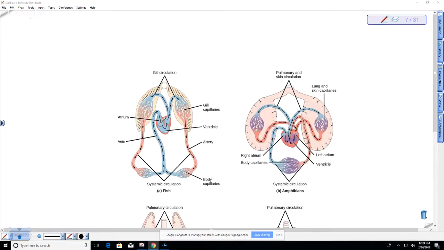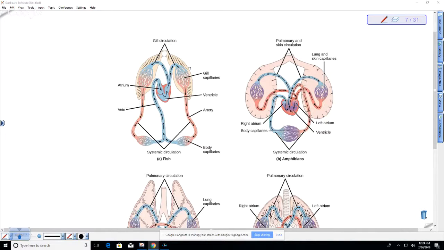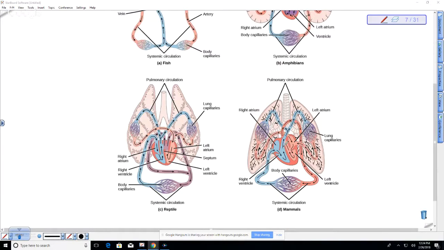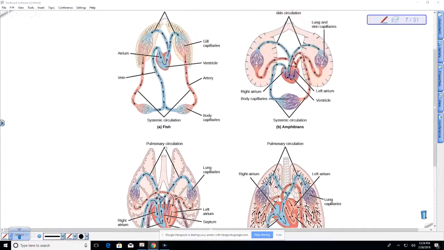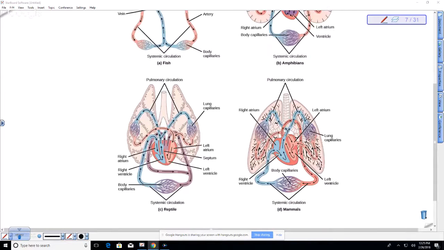So the advantage, however, of a 4-chambered heart is, like Dora said, the 4-chambered heart keeps the oxygenated and unoxygenated blood separate from one another. So when we see purple, that means that there is mixing of oxygenated and unoxygenated blood. Here in the 4-chambered heart, which we see in birds and mammals, there is complete separation.